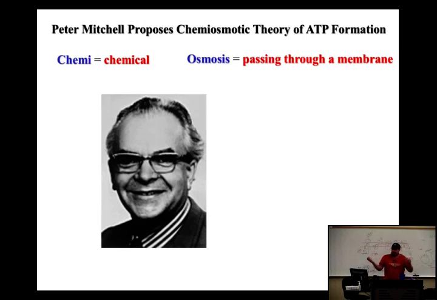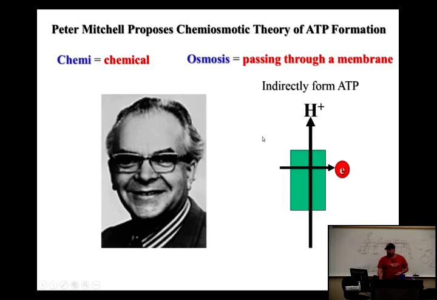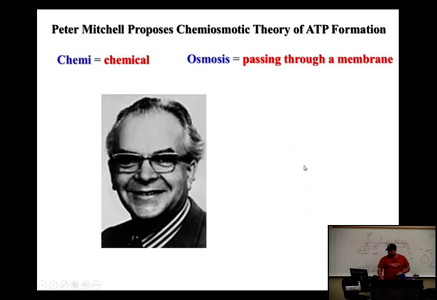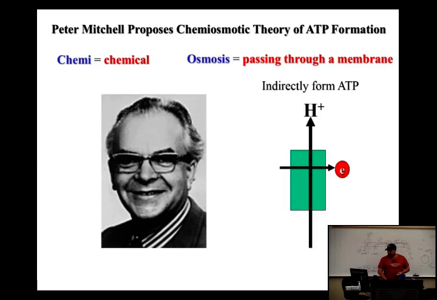Makes sense, right? Because he looked at it and he's like, those are integral membrane proteins. They've got to transport something. So he proposed this theory called the chemiosmotic theory, which says, as the electrons pass through these integral membrane proteins, the hydrogens are attracted to them and they get transported out.